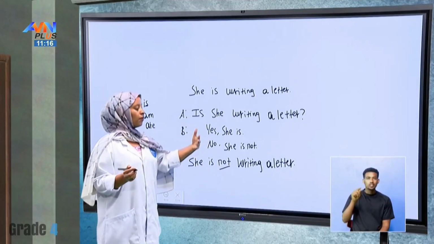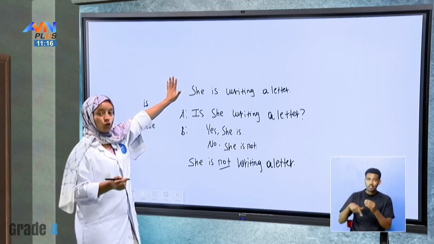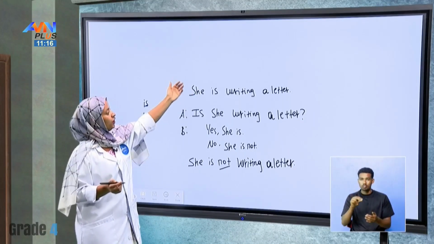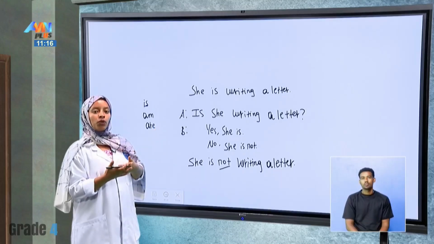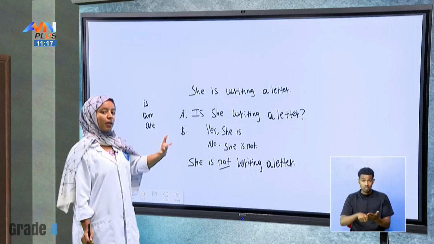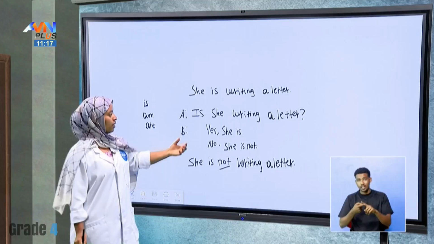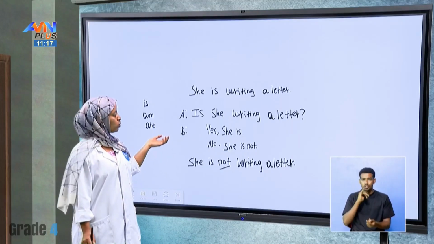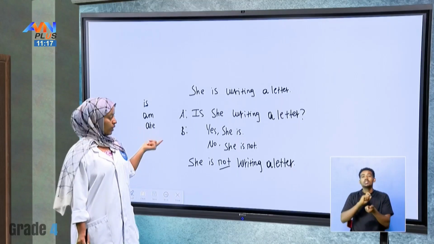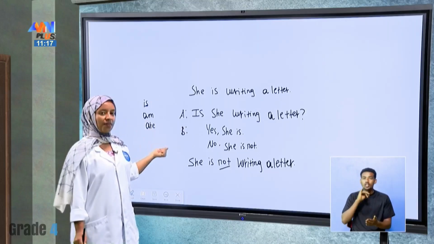She is not writing a letter. Look, students, here is an affirmative sentence, or it's called a positive sentence: she is writing a letter. When we come to question, is she writing a letter? And to make a dialogue or conversation with your friends, you can say, yes, she is. And also, no, she's not. And to make a negative sentence, you can say, she's not writing a letter.